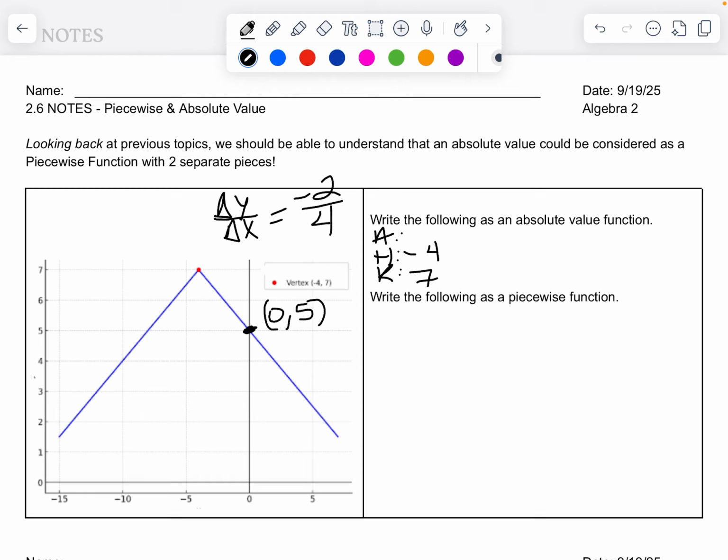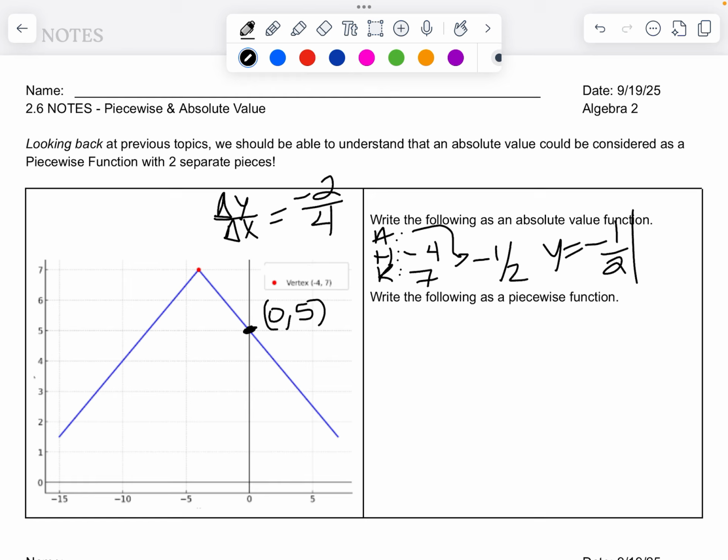And so our A value here would be -1/2 when I reduce -2 over 4. So with all that being said, I could write an absolute value function. We should definitely, absolutely be able to do this. So we have -1/2 as the A value.